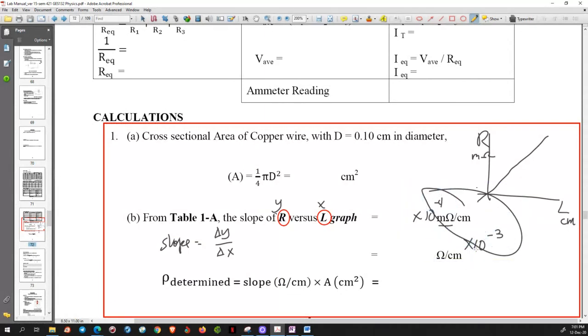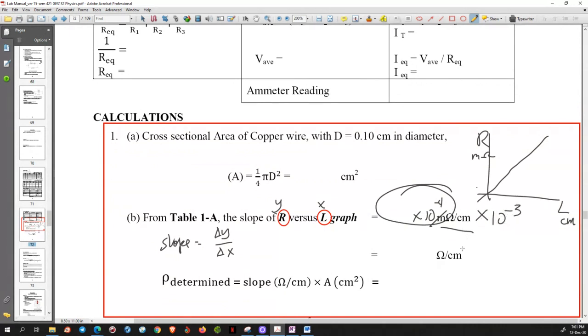I will go back from the beginning, please focus, so that you can determine what I did. When you find the slope, it will be milliohm over centi. Is that clear? And the value of the slope is times 10 minus 4. You have to remove milli. So how do you remove milli? The slope as a whole, you have to multiply by 10 minus 3.